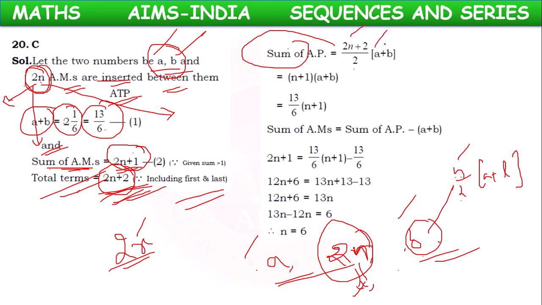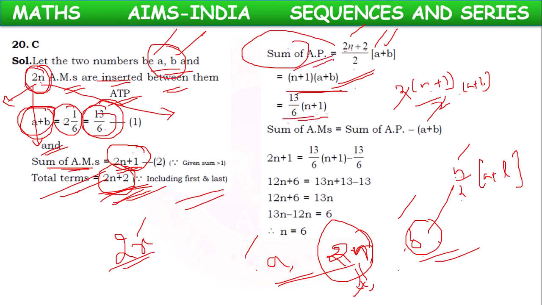First term is A, last term is B. From these two we can take 2 common: 2 of (n plus 1) by 2 into (A plus B). 2 gets cancelled: (n plus 1) into (A plus B). Where the A plus B value is 13 by 6, we can write 13 by 6 into (n plus 1). So this is the sum of AP.